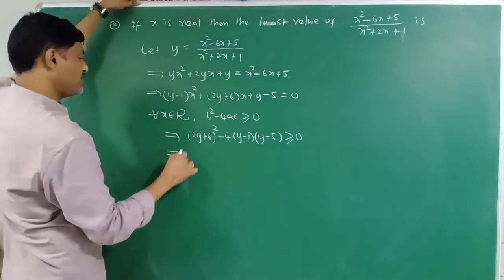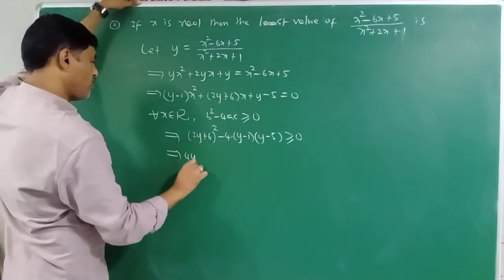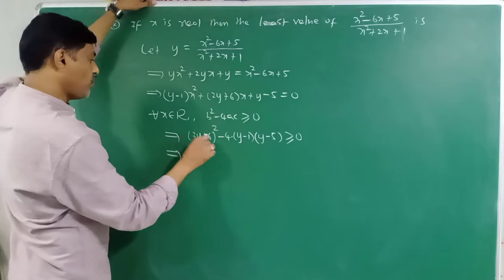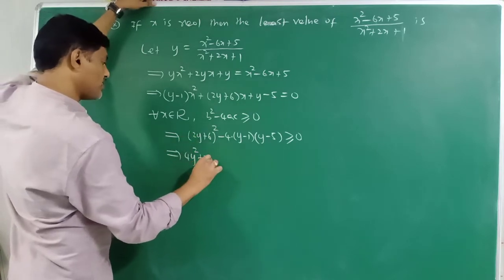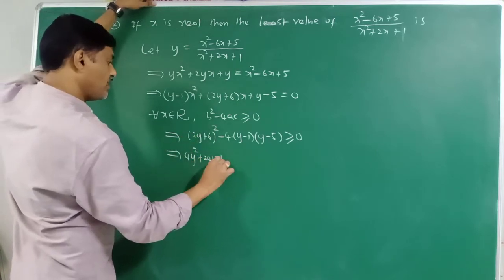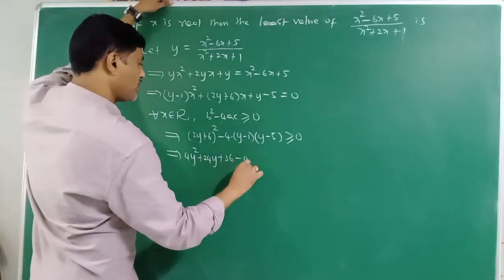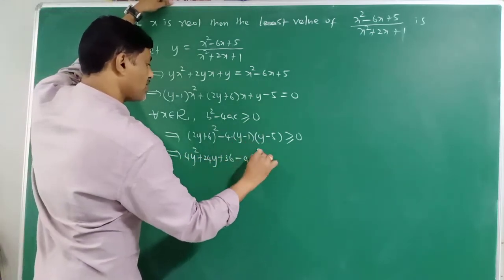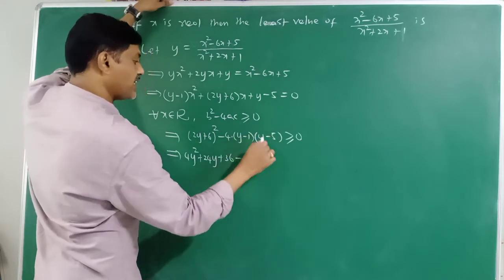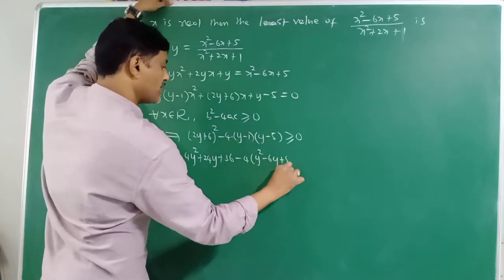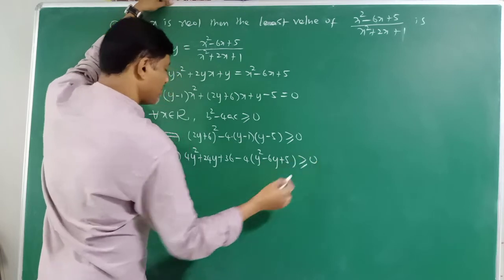Once we expand this, this is 4y square plus 24y plus 36, minus 4 times of y square minus 5y minus y plus 5, is greater than or equal to 0.